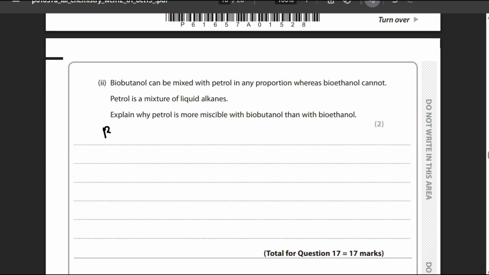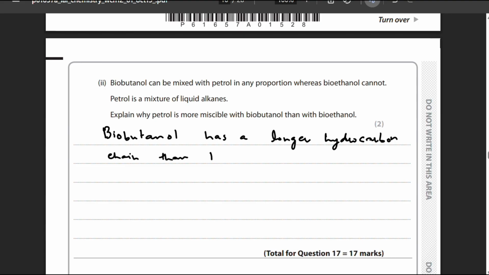So you can write the reasons that biobutanol has a longer hydrocarbon chain than bioethanol and has more electrons than bioethanol.